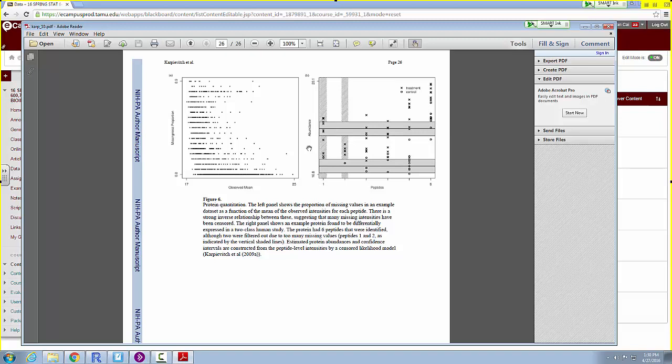A peptide, especially if it's a relatively rare, low abundance peptide, may show up in this rabbit and that rabbit, but we just didn't see it in the other rabbits. It may have been there, but it was in the weeds of the mass spectrum, so we didn't see it. So lots of missing values, and importantly, the missing values are missing informatively.